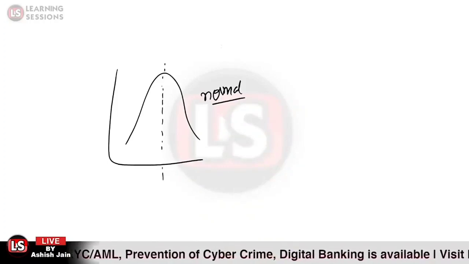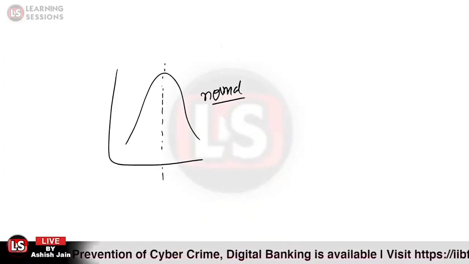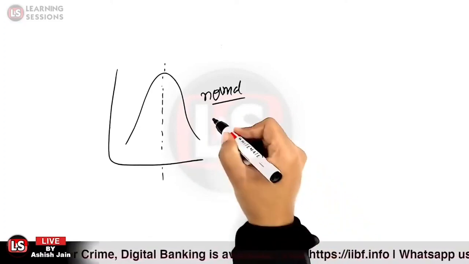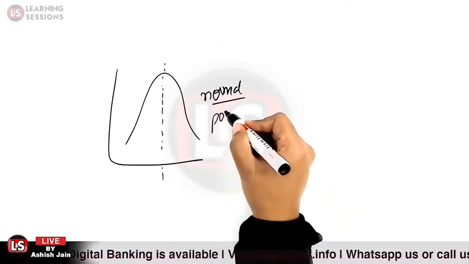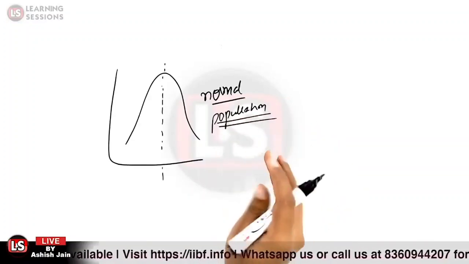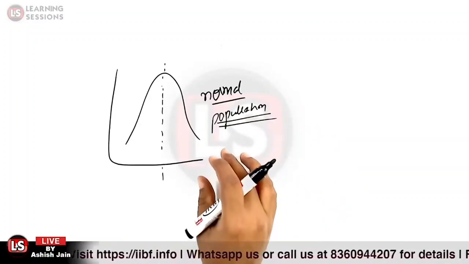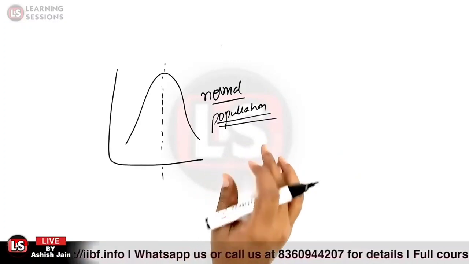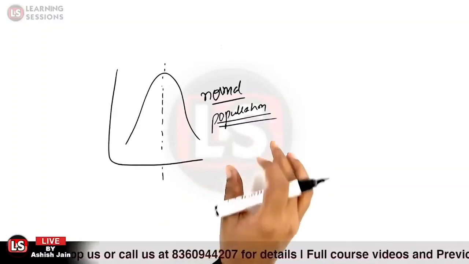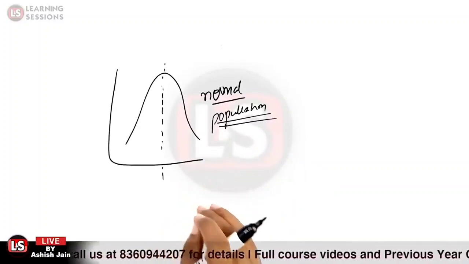If the population is normal, what is basically the inference? The inferences are quite simple. Let me tell you what those are. When the curve of the population is symmetric around the mean, it is said to be a normal population.